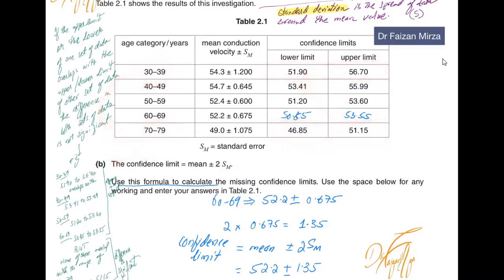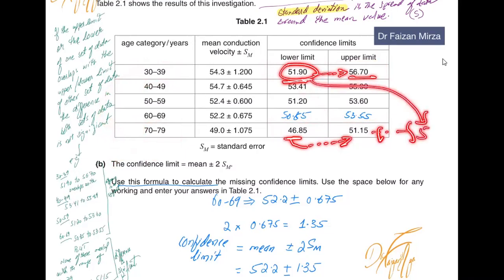So in this way, we can say, because we can see that one begins at 51.90 and the values go up to 56.7, whereas the other here begins at 46.85 and the values continue to 51.15. And after that, there is a gap, and only then you will have 51.90 ahead on this line.